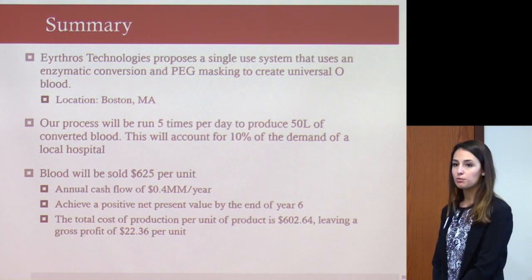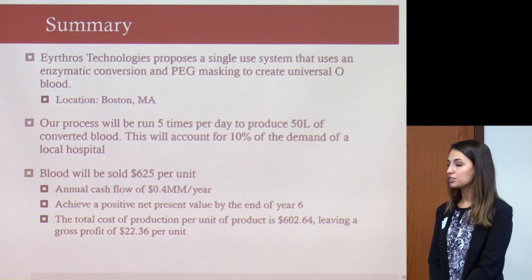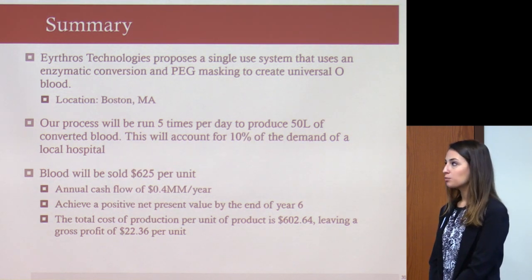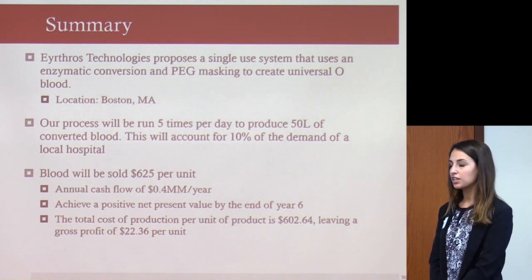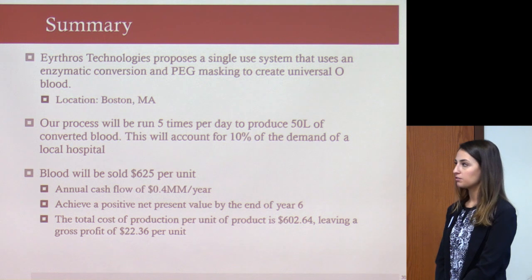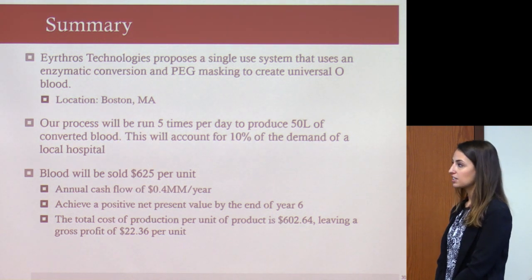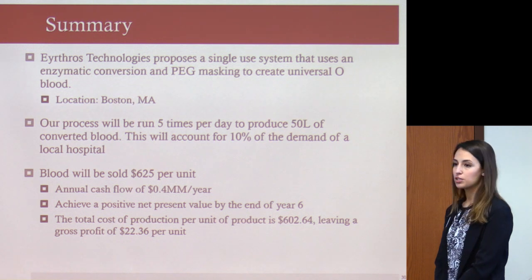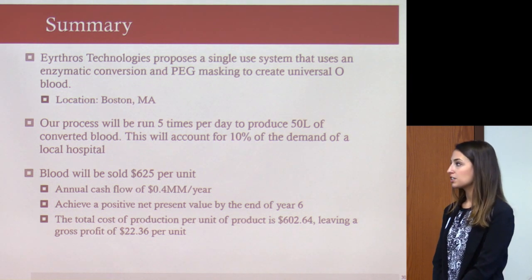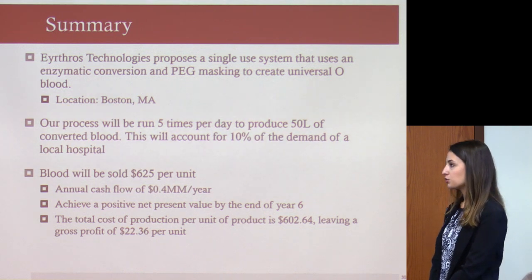And we plan to run the process 5 times per day to produce about 10% of the daily requirements for a local hospital. Our price point is $625 per unit, and we estimate an annual cash flow of $0.4 million per year. We predict to achieve a positive net present value by the end of year 6, and the total cost of production per unit is about $603, which leaves us a gross profit per unit of $22.